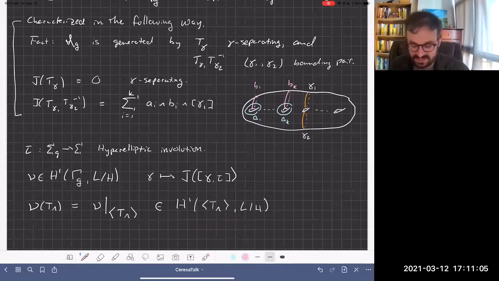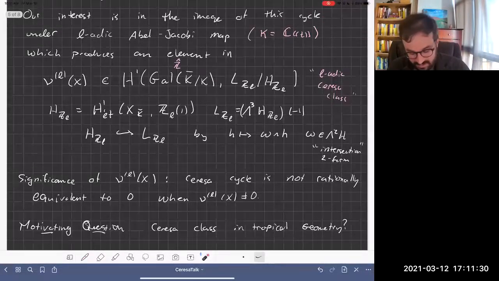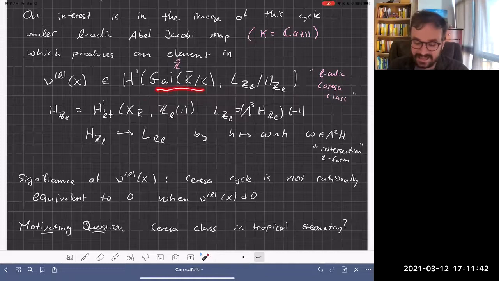Notice that this multi-twist t gamma has infinite order, so this group is just Z. So we have a class in H1 of Z with coefficients in L mod H. From before, the L-adic Ceresa class was defined in Galois group cohomology, where the group was Z hat and the coefficients were the Z_l analogs of L and L mod H.